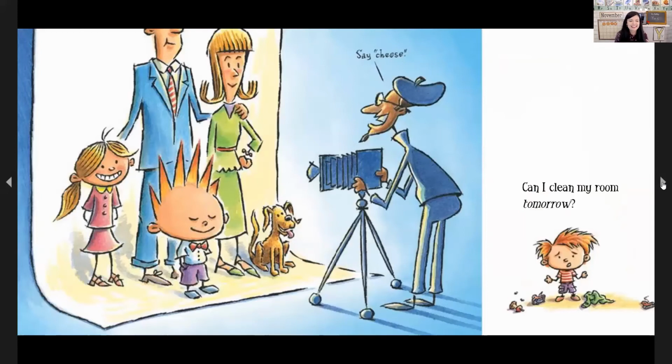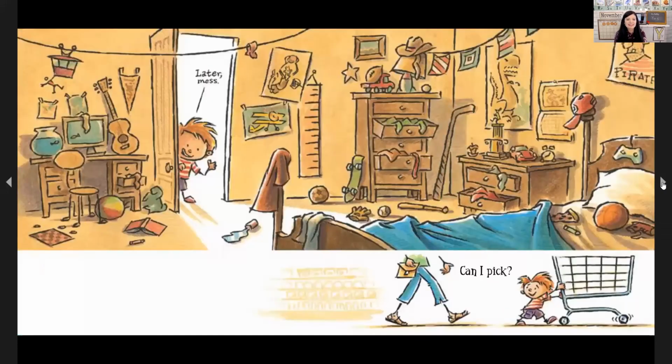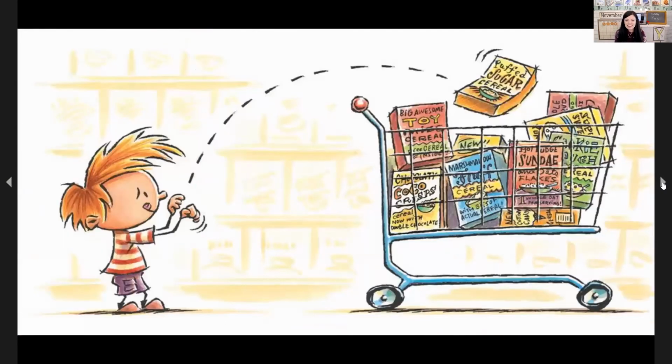Yes. Look at his hair. Say cheese. Can I clean my room tomorrow? Yes. Later, miss. Can I pick the cereal at the grocery store? Yes, yes, yes. Look at all those sugar cereals.